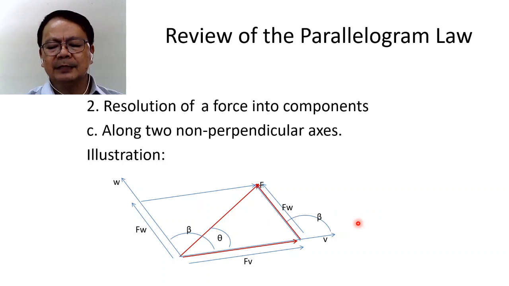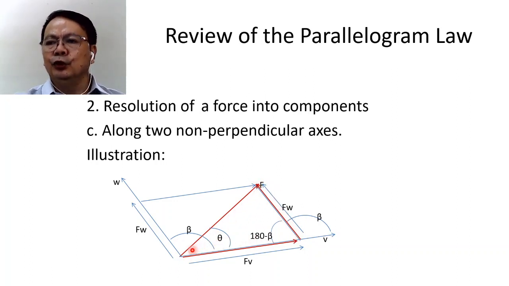And if this angle is beta, this angle now, being a supplement of beta, can be computed as 180 minus beta. And then if that angle is already known, then going back to this triangle, you will now have here a triangle with at least two angles known and one side known. The remaining two sides and the remaining angle can be computed.